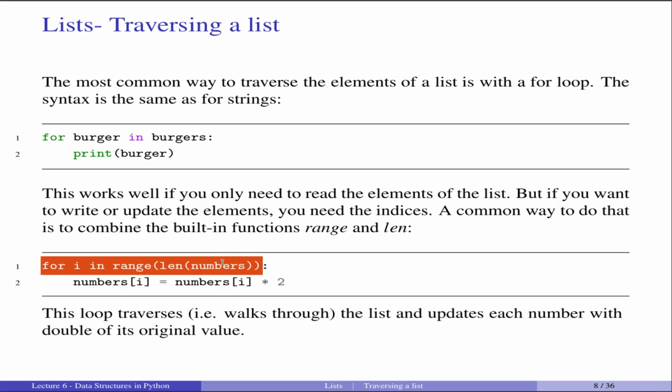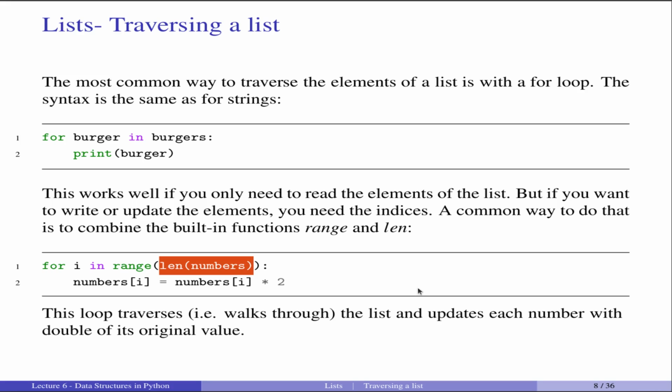That means it gives me the number of elements in my numbers list. If you remember, the numbers list had 2 elements in it, so len will return 2. Now the input parameter of the range function is 2, so it will give me 2 numbers as output.